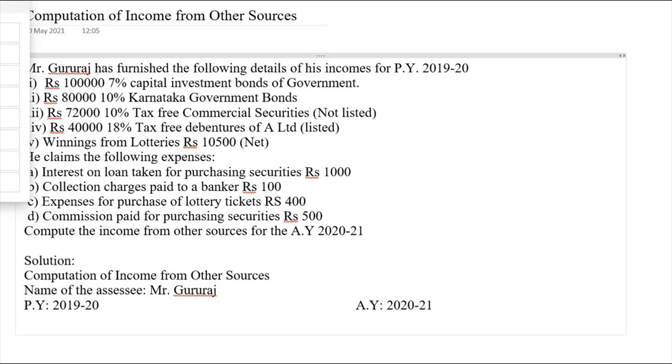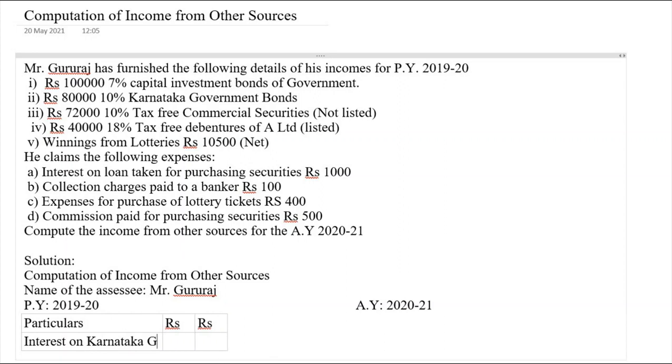Three columns are required: particulars and rupees. The first one, interest on Karnataka government bonds, is calculated as 10% of rupees 80,000, which comes to rupees 8,000.